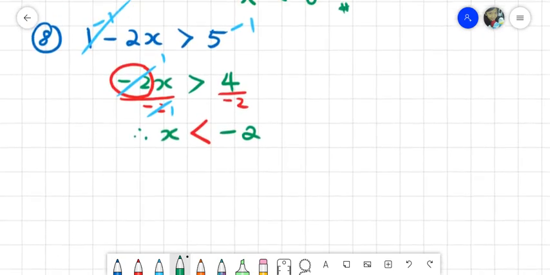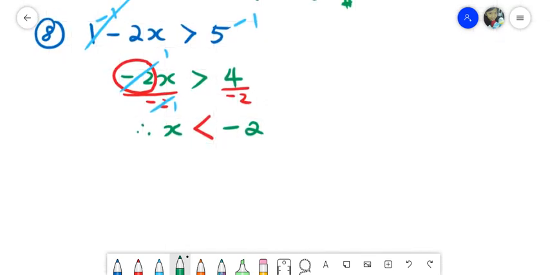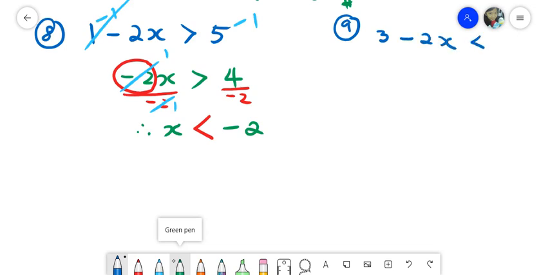You want to have more? Let me share with you something else. Question 9. Let's say 3 minus 2x less than or equal to 5.